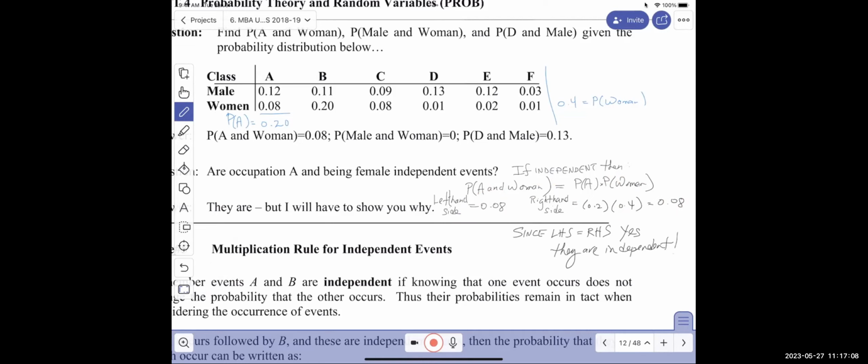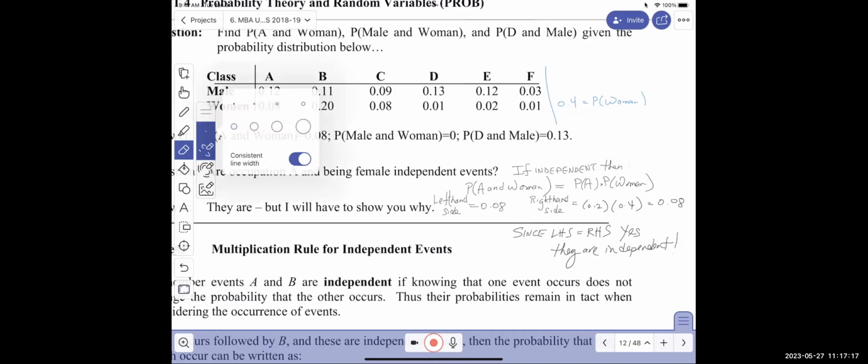And that's all you have to do. Just verify that it's true.